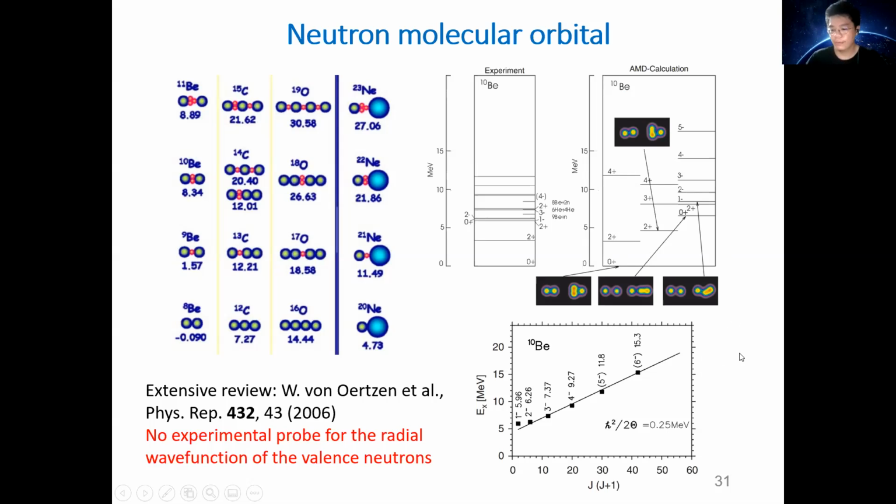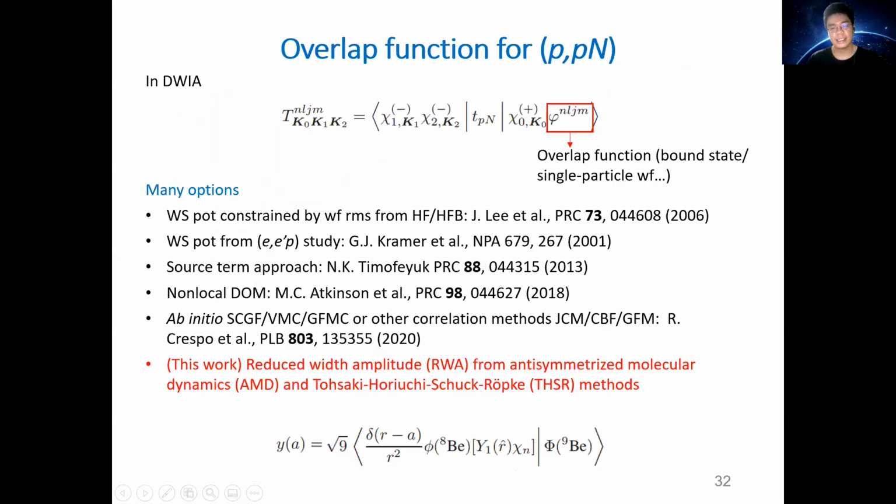So now we try to put some physics into this model by focusing on the overlap functions in the transition amplitude of a standard DWIA amplitude. Sometimes we also refer to this overlap function as the bound state or single particle wave function.